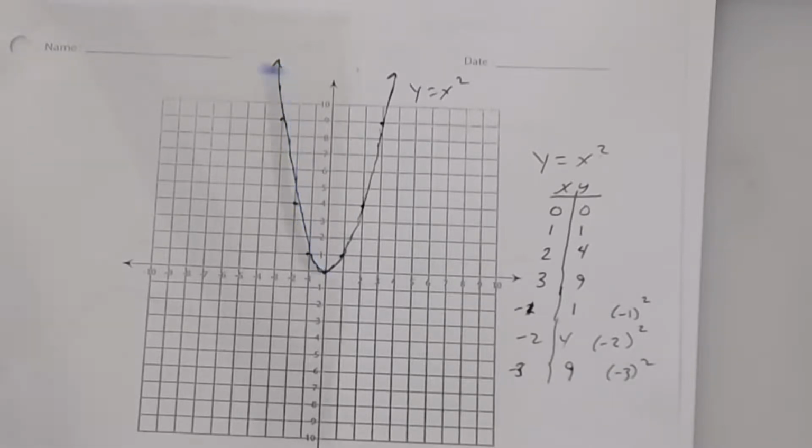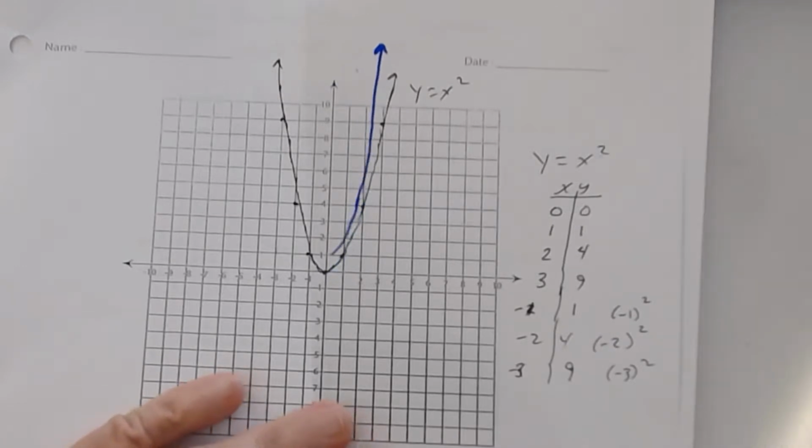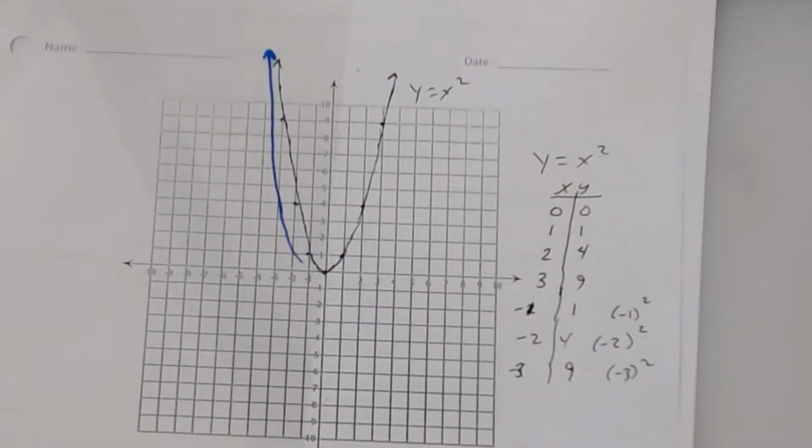So I'm reflecting about the y-axis. You don't see it very well, but it was a reflection about the y-axis. I get this piece, right? Okay. So you can visually see that this function is an even function. An even function is the easiest kind to recognize because you can see that symmetry about the y-axis.